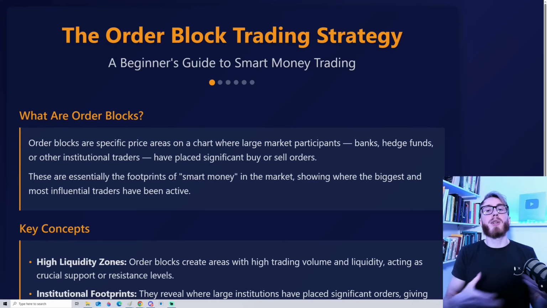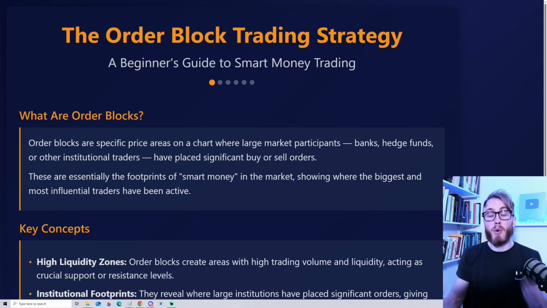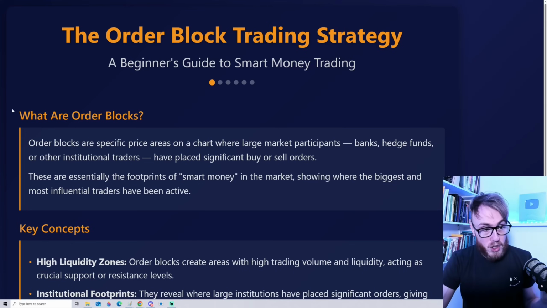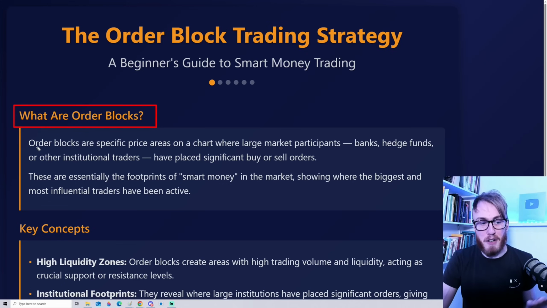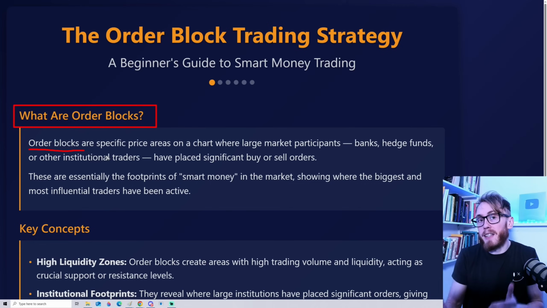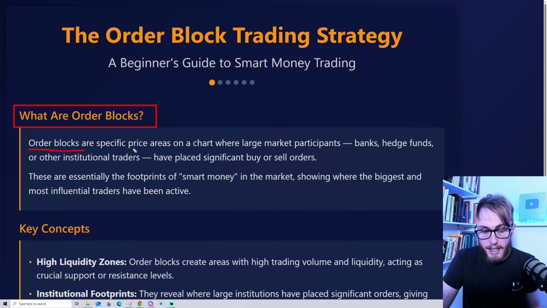But alright, so before we can start identifying and trading order blocks, we of course first of all need to know what an order block is in the first place. Order blocks are basically specific areas on the chart, and in this video I will show you guys exactly how to identify them.